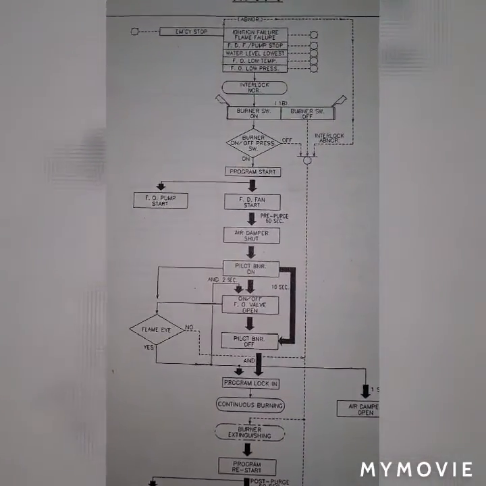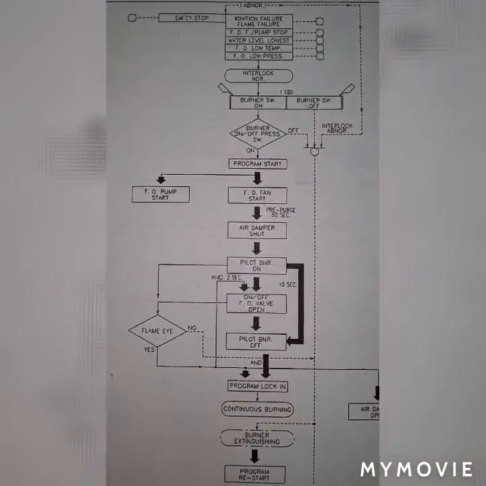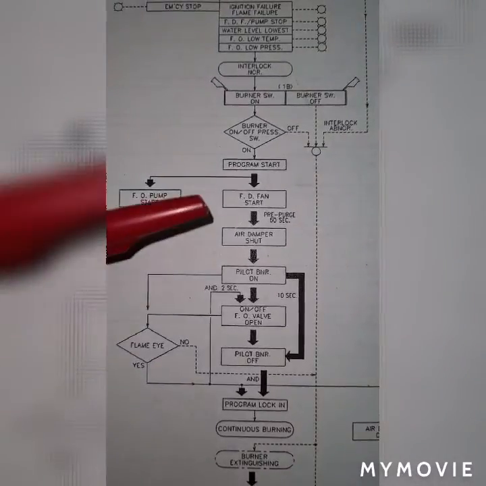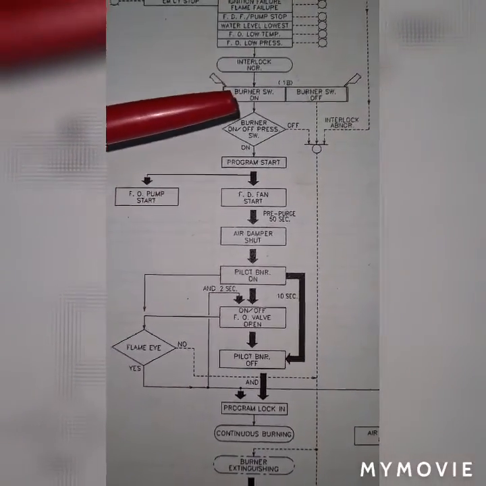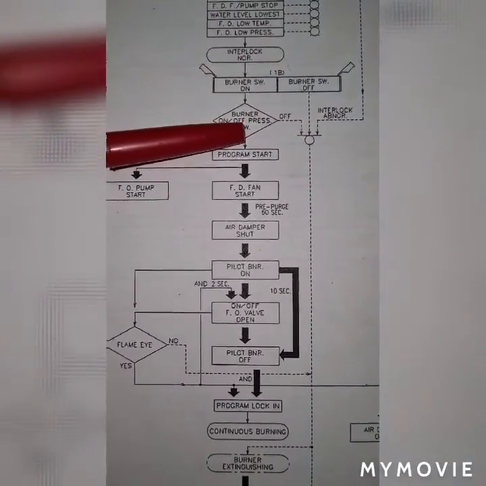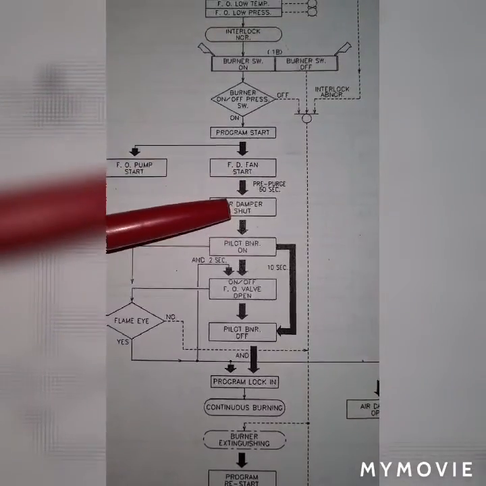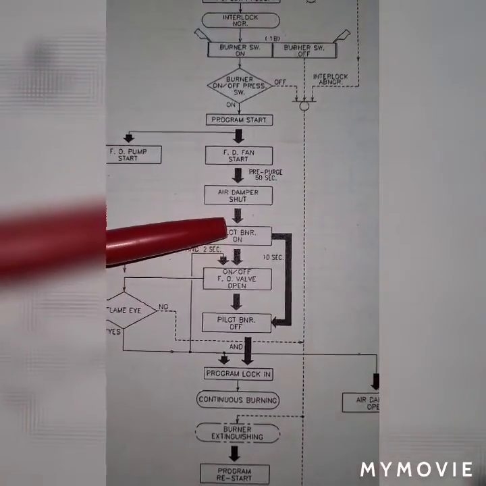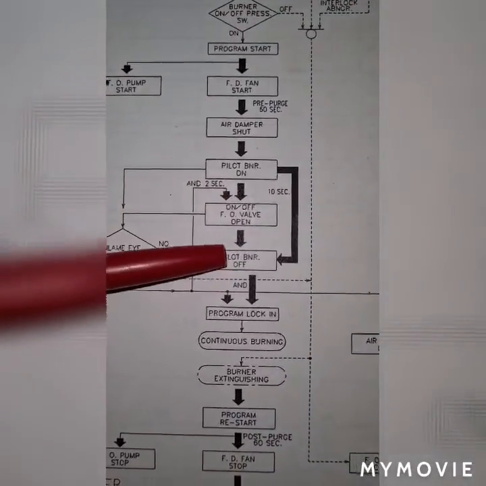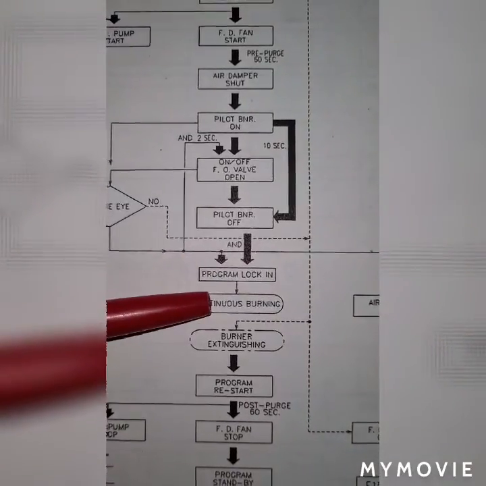The second section of this flowchart diagram is the automatic starting phase and running phase of the boiler. From here, going here: program start, forced draft fan, air damper shut, pilot burner on, fuel valve open, pilot burner off, program lock in, and continuous burning.